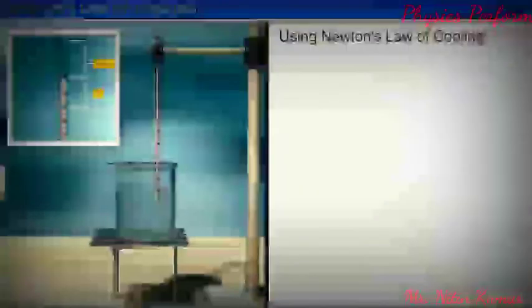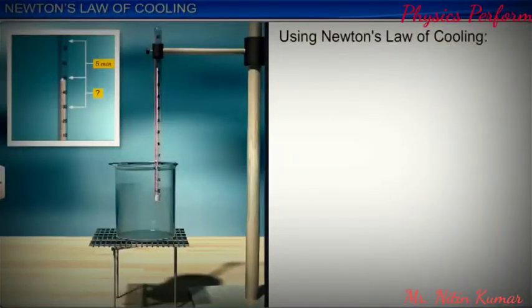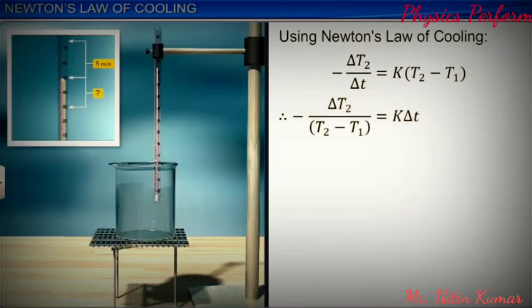Using Newton's law of cooling, minus delta T2 by delta T is equal to K into (T2 minus T1). Therefore, minus delta T2 by (T2 minus T1) is equal to K into delta T. Let this be equation 1.